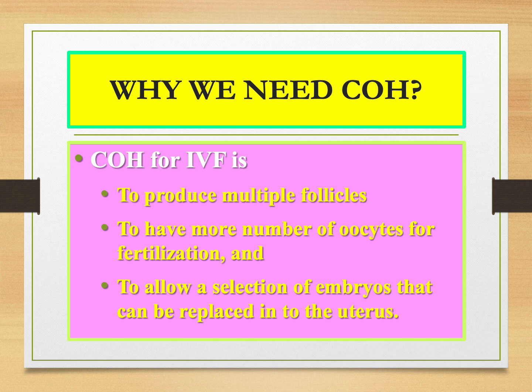Secondly, if we have to do pre-implantation genetic testing, definitely we will need more embryos. It also allows a selection of embryos that can be replaced into the uterus. So the probability of pregnancy increases as the number of oocytes increases. That's why we need controlled ovarian hyperstimulation.